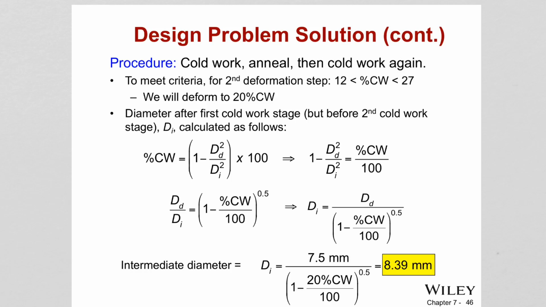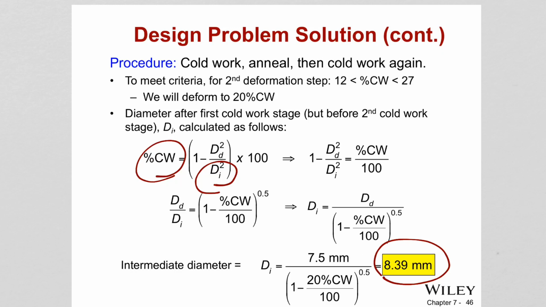And from our equation for percentage of cold work, you can calculate the final diameter, because you know the initial diameter. In your equation, put the initial diameter and the cold work amount to satisfy the first condition. Then you have a diameter of 8.39 millimeter, not nanometer, millimeter.